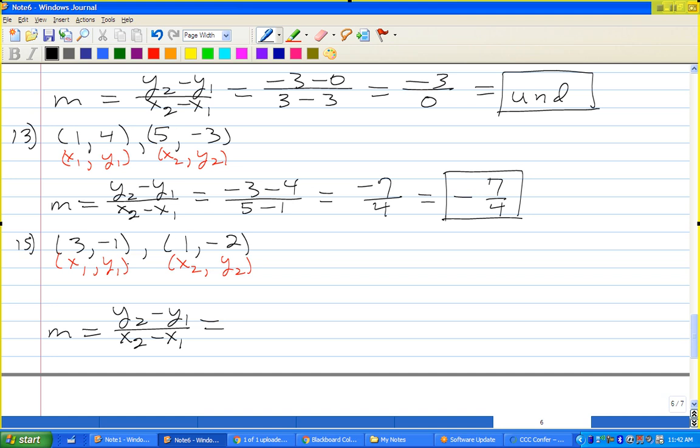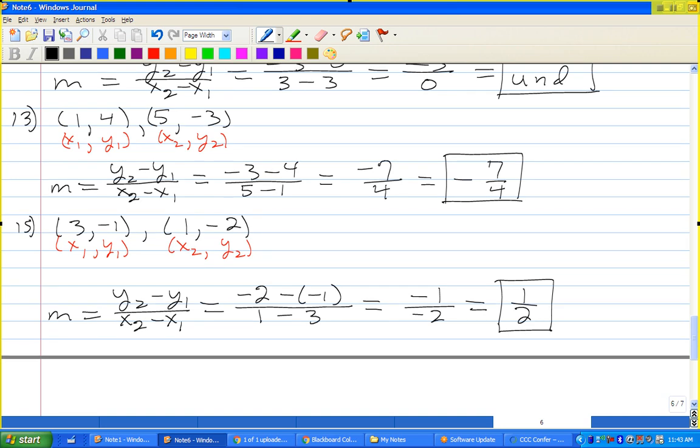So let's do the vertical change, negative 2 minus the negative 1, over the horizontal change, 1 minus 3. Negative 2 minus the negative 1 is the same as negative 2 plus 1, so that's negative 1. 1 minus 3 is negative 2. Negative divided by negative is positive. So your slope is a positive 1/2.